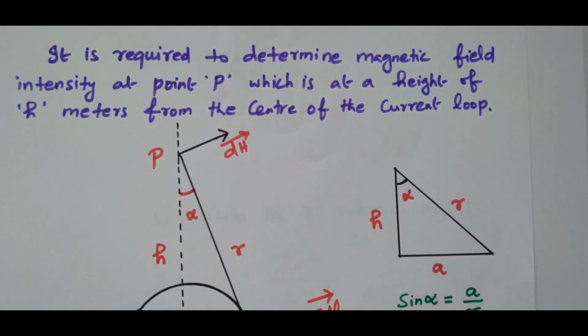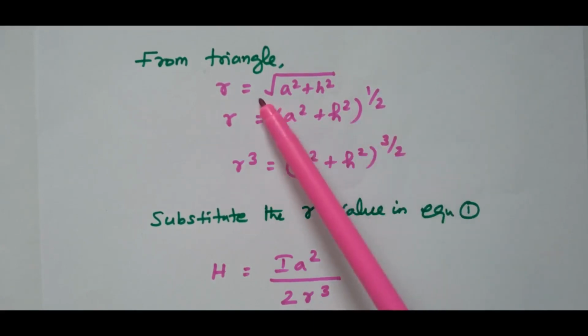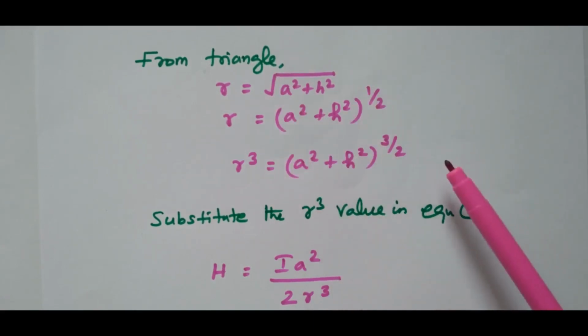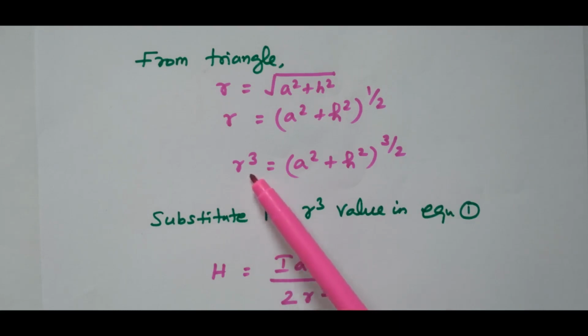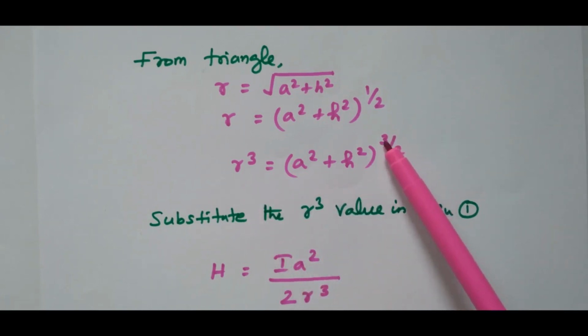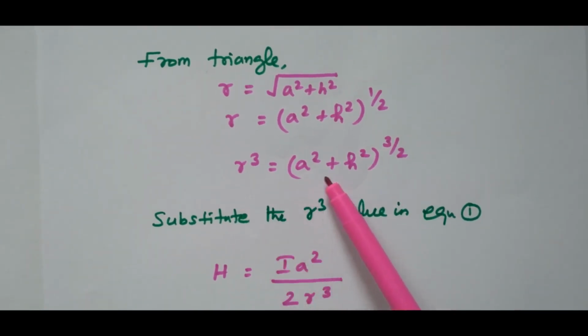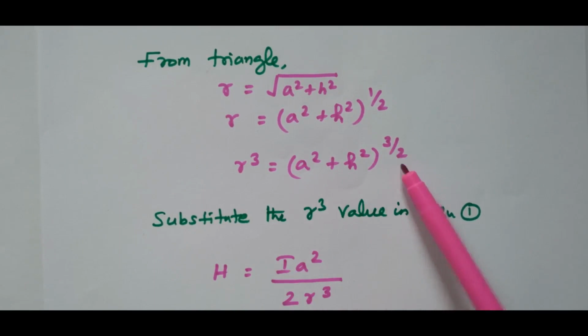That can be written as A square plus H square whole power 1 by 2. Square root is written as 1 by 2. But in the equation what we have? R cube is needed. IA square divided by 2 R cube. R cube means you multiply with 3. Already 1 by 2 is there. So 3 into 1 by 2 is 3 by 2. R cube equal to A square plus H square whole power 3 by 2.